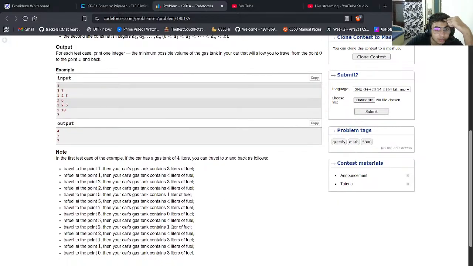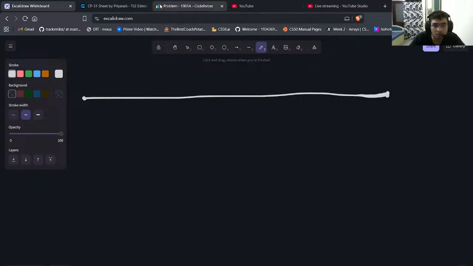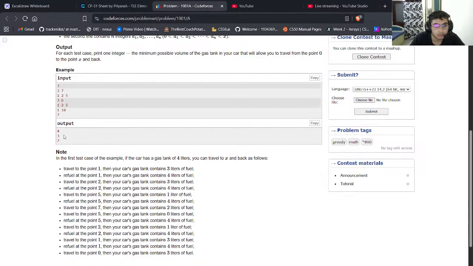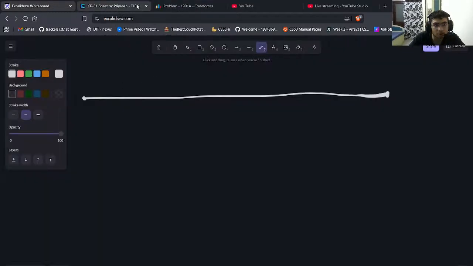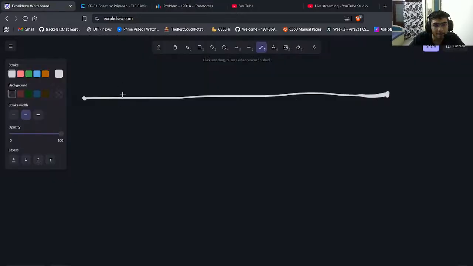Okay, so let's figure this out. We are basically here, and we have to get to here. Let's look at the first case. There are 3 gas stations and we have to get to 7, and they are at 1, 2 and 5.